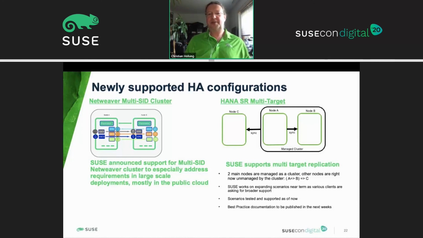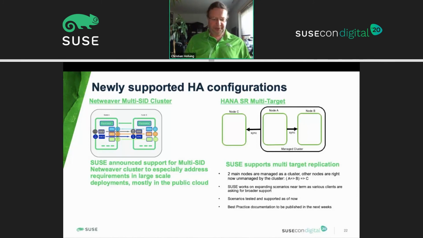So that's also something that we've documented and that you find on the best practices and the SUSE blog, how to configure this. That gives cloud-based customers more flexibility and a better TCO if you have more than one SAP system that you operate in one of the environments within the cloud.